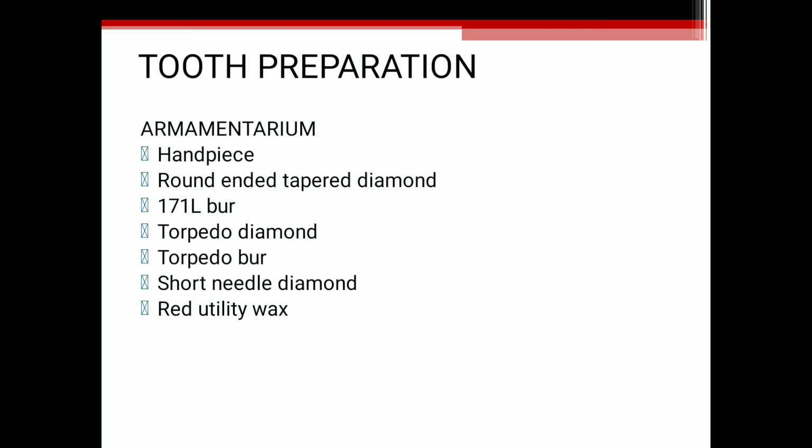Then this preparation should be done stepwise. If you study your textbook, it will be given in sequence. First, you have to do your occlusal reduction, then proximal reduction, or depth orientation. So there will be a sequence of steps, and if you follow that sequence, you can do the best preparation.